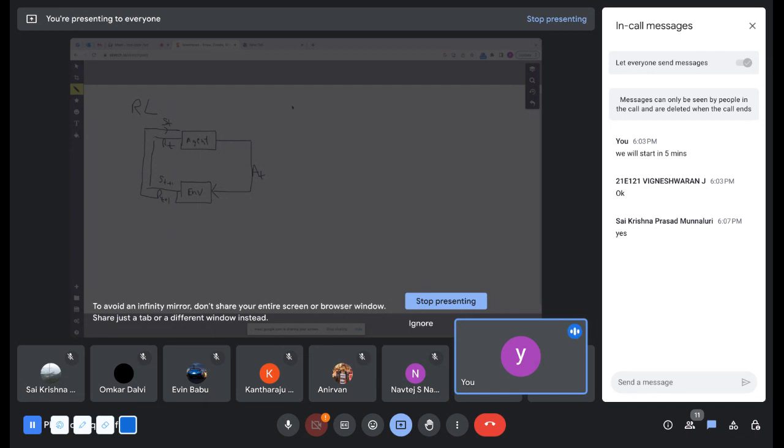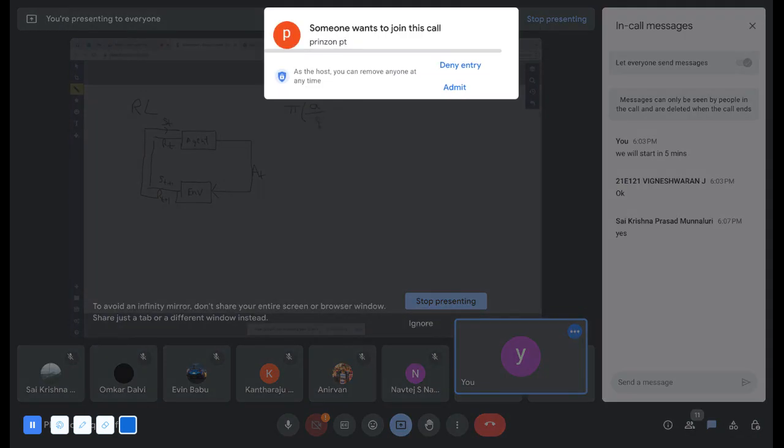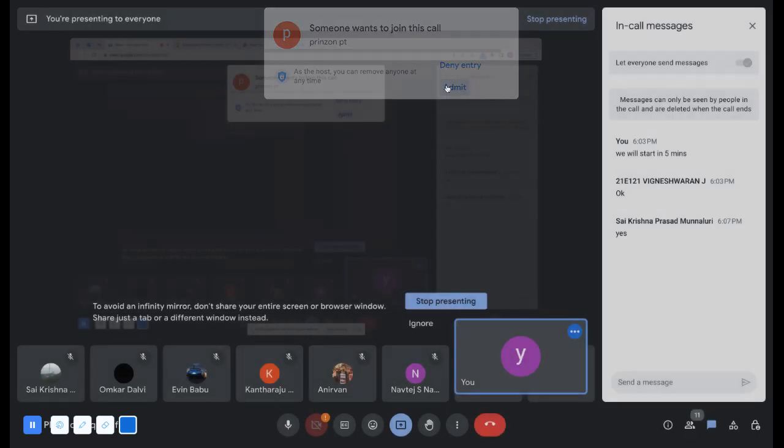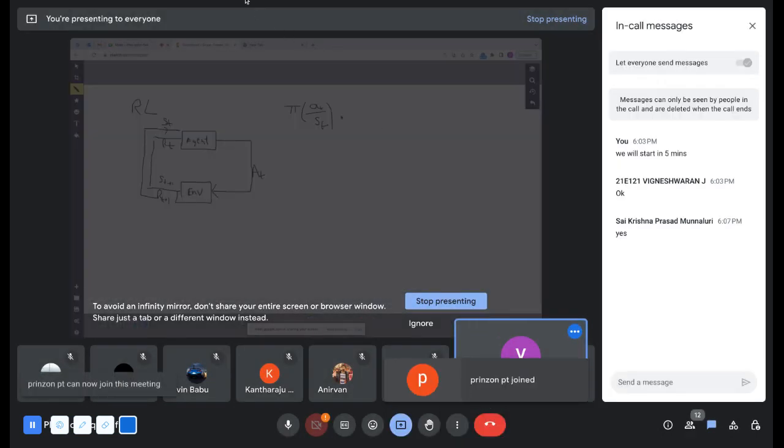Policy is typically denoted by pi, and this is an action given the state s_t. This can be probabilistic or deterministic.